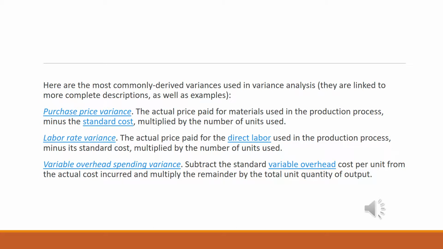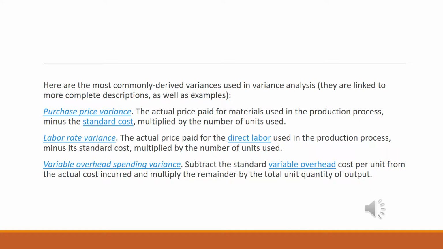Here are the most commonly derived variances used in variance analysis. They are linked to more complete descriptions as well as examples. Purchase price variance: the actual price paid for materials used in the production process minus the standard cost, multiplied by the number of units used.